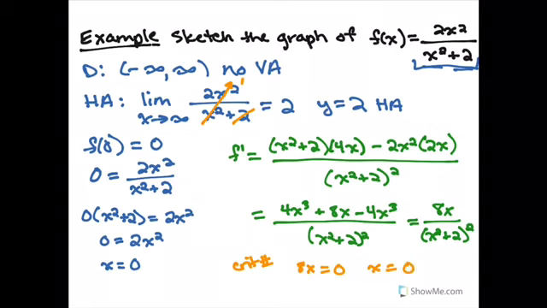Now, same as when we found the domain, I've pretty much got the same denominator, but I've squared it. Is anything going to make that denominator equal 0? No. I'm not going to be able to get a real number that makes that denominator equal 0, so my only critical number is x equals 0. So that is a possible extrema, and it's the only one.